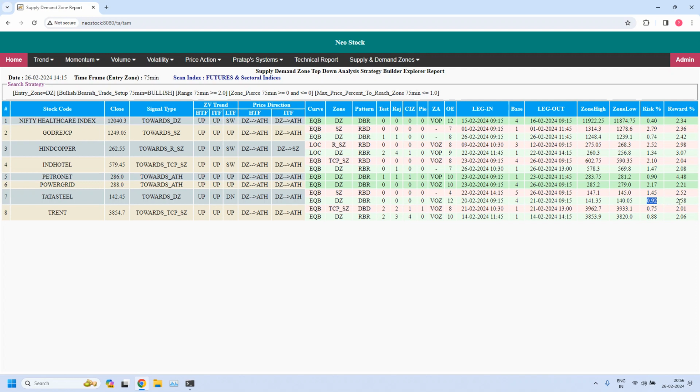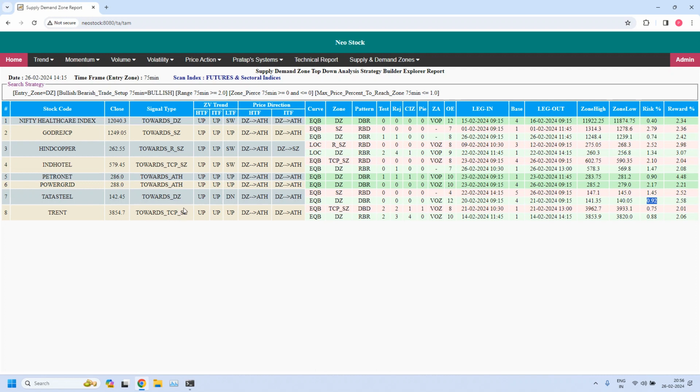Not exactly 1:3, but close to that. The moment you reduce the risk, maybe another 4% or 5%, probably you may get 1:5 reward, or close to 1:5 reward you might get. So currently this is the only stock moving towards the demand zone.